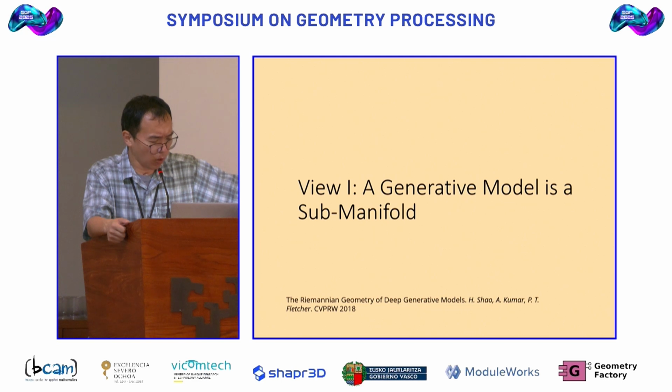This view was introduced in this CVPR workshop paper. In fact, in the generative modeling community, few people know this paper. Quite sad, because I think this is a very important concept. The reason is that the image space does not have a very good manifold structure because it's disconnected.